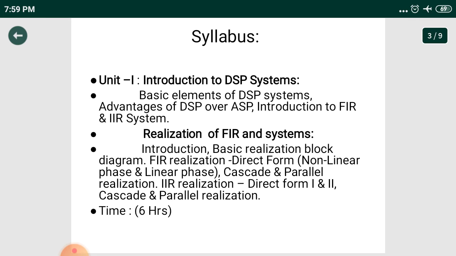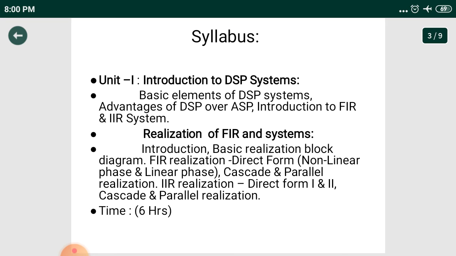It has a total of 6 units, starting with Unit 1, introduction to DSP systems. It consists of basic elements of DSP systems, advantages of DSP over ASP, introduction to FIR and IIR systems. Then the subtopic of this unit is realization of FIR and IIR systems.